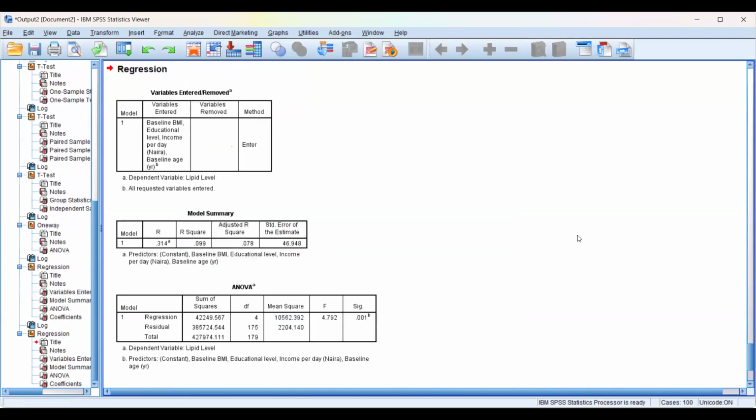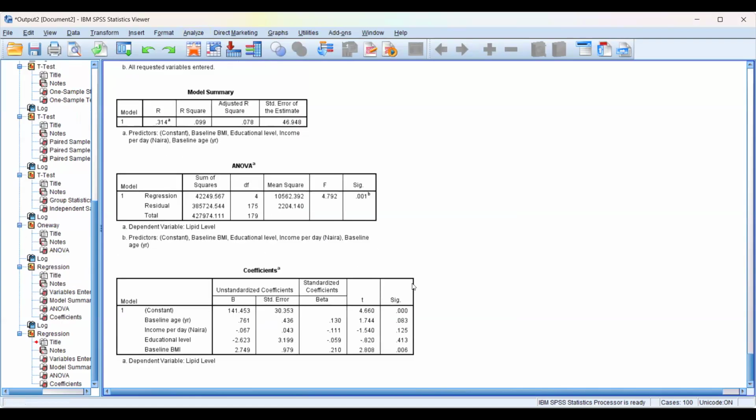And then I go back, I do my analysis, and then I have here my findings. From my findings here, for my age, at this level, it's no longer a significant predictor for lipid level. My income is not significant. My educational level is not significant. Only the baseline BMI is significant because it's the only one less than 0.05.